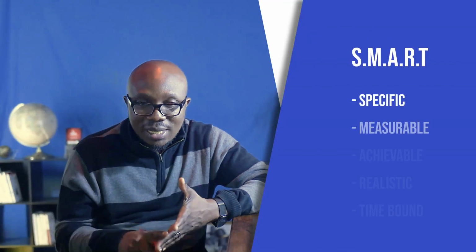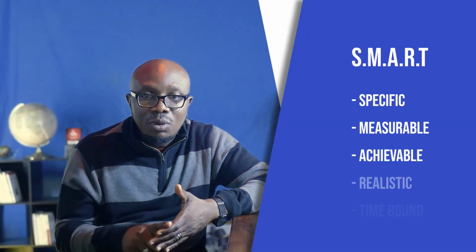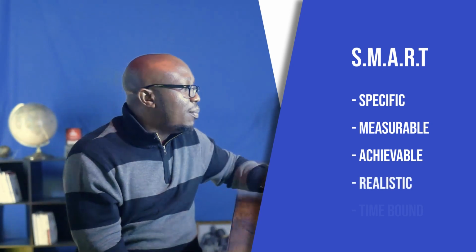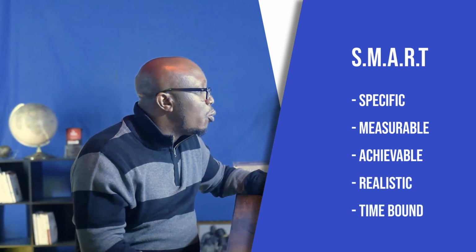Well-clarified objectives have to be SMART: specific, measurable, achievable, realistic, and time bound. When we arrange our various objectives and priorities, this is a step we put in motion to plan to achieve our goals.